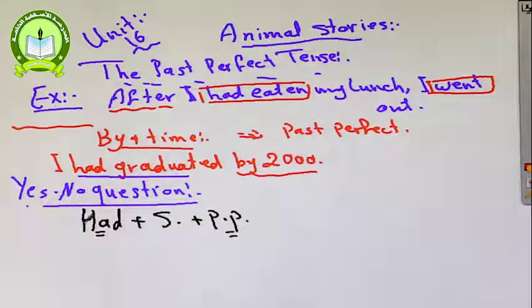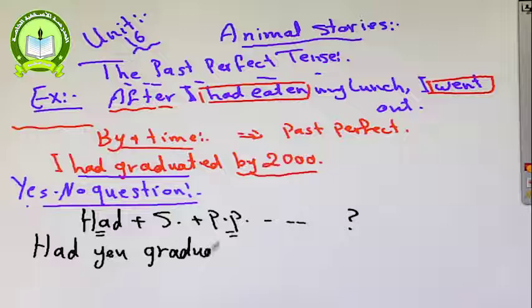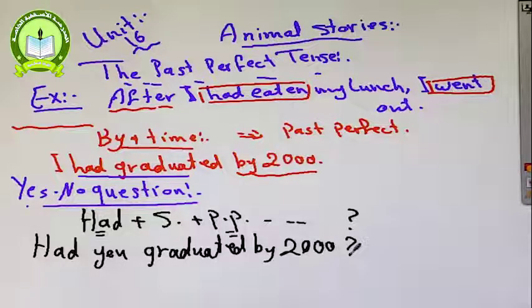Had plus subject plus past participle and complete your sentence. For example, had you graduated by 2000? Yes, I had. No, I hadn't. Had you graduated by 2000? Yes, I had, or no, I hadn't.